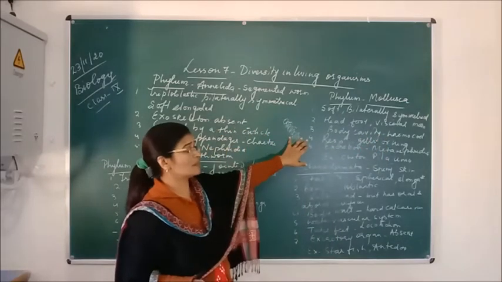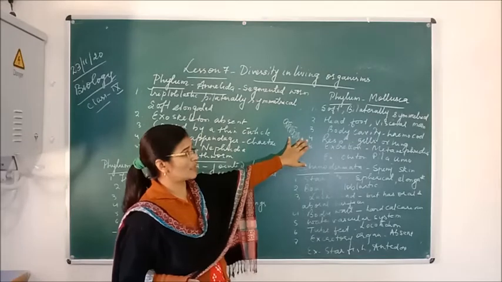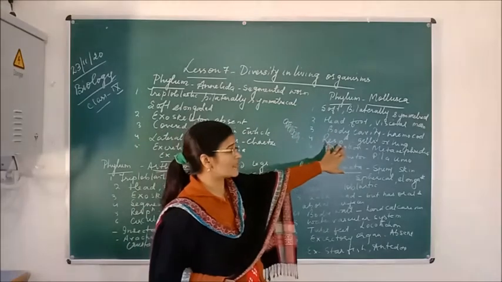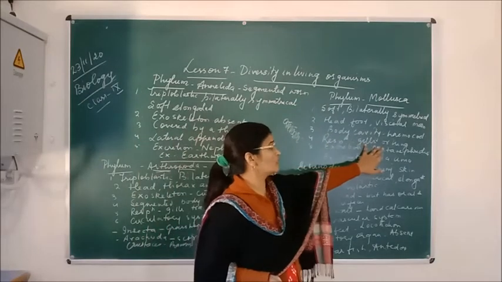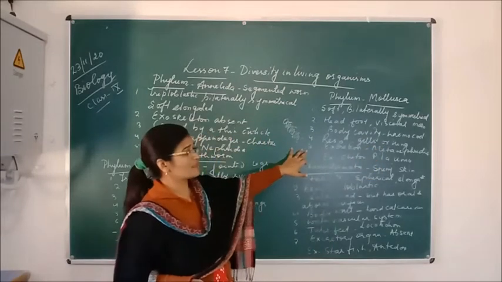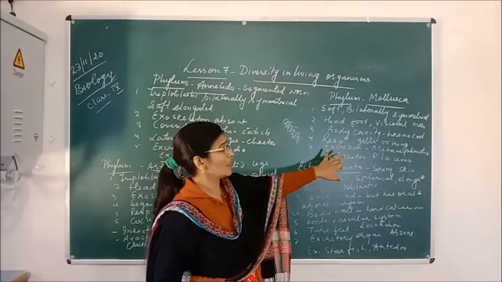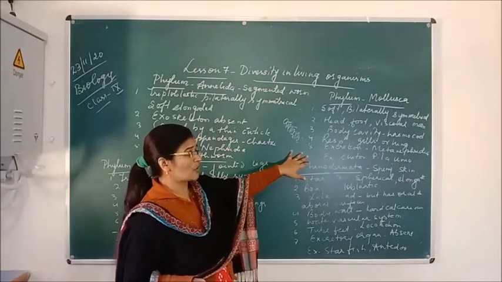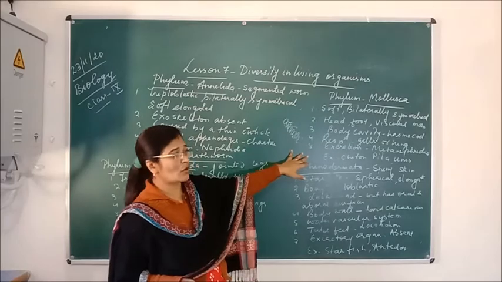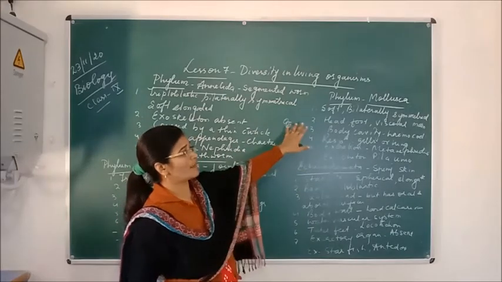And respiration takes place in the phylum Mollusca through gills or through lungs. In molluscans, the excretion takes place through metanephridia. So chiton, pila, unio, these are all animals which belong to phylum Mollusca.